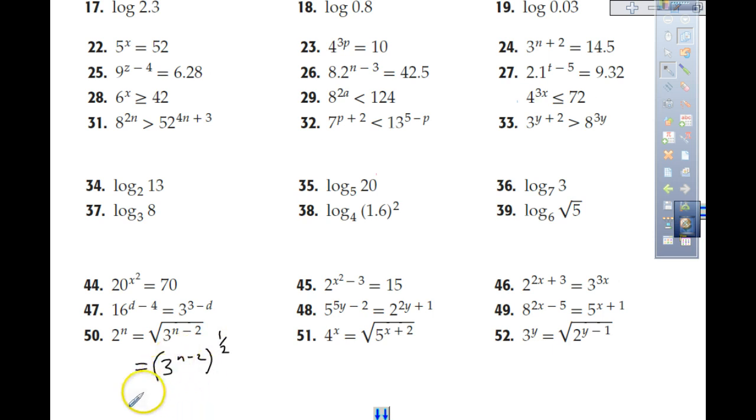So we can still go ahead and calculate, okay, n minus 2 over 2. So if I just basically move this 2 to be underneath here, now you have a single exponent. So yeah, square roots are just simply half powers. And the same rules apply.